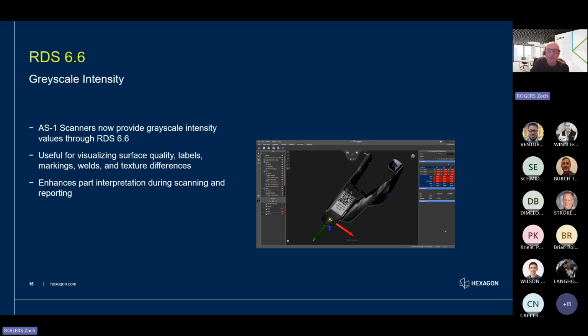Like I said, if somebody has a part number or a serial number written on the part, let's say with a wax crayon, that will show up in the intensity data real easy. So you can very quickly see that and identify it in the part if you like.